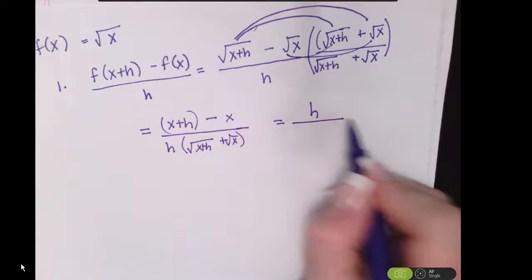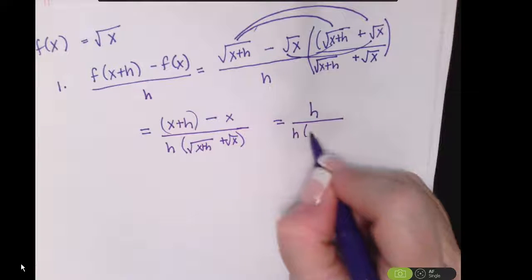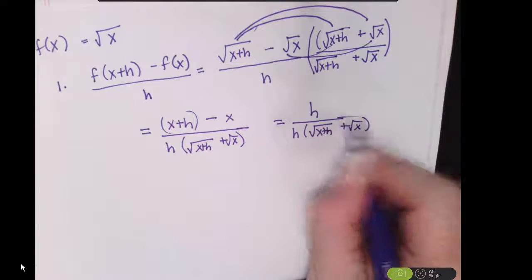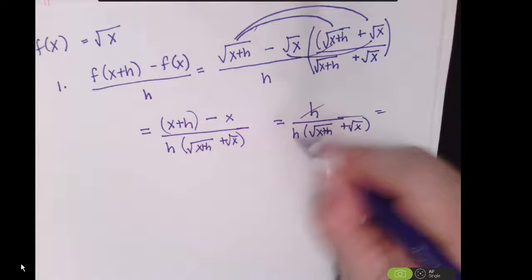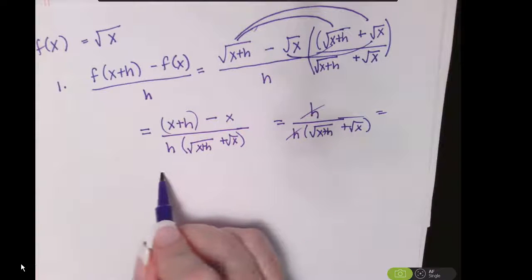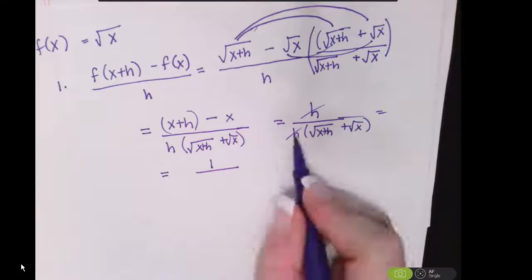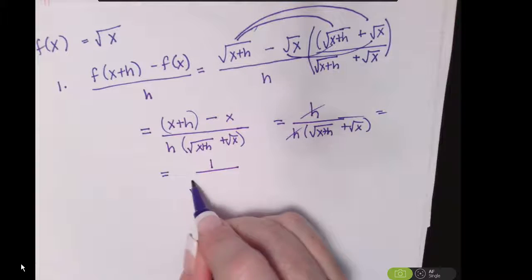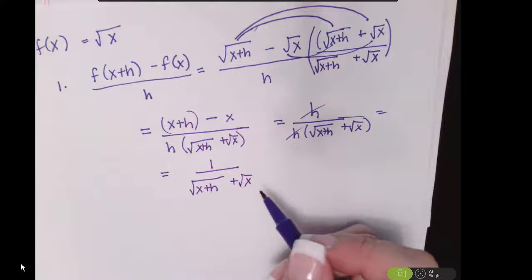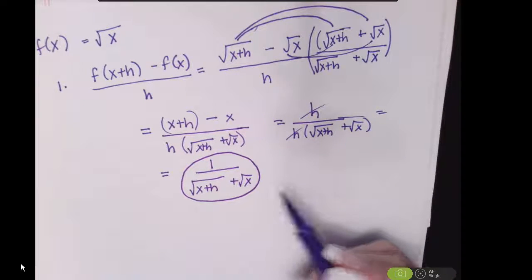And then we have h kind of out by itself on the bottom. So these h's actually cancel. So that was my goal. Let me come down here for my final answer. Whenever h divided by h equals 1, this h went away. So now I have 1 over the square root of x plus h plus square root of x. And this is my final answer to my difference quotient.